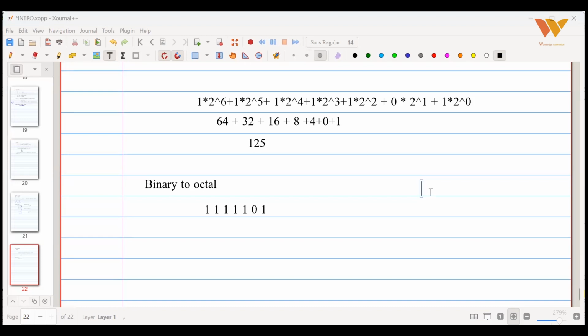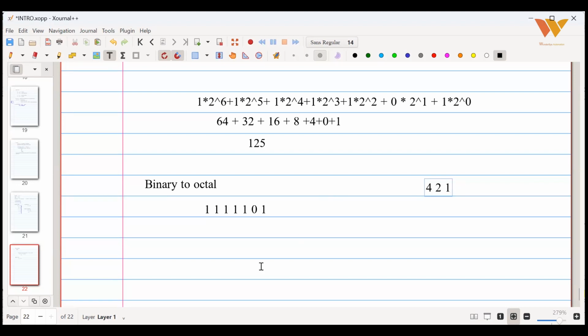So for binary to octal, we'll use the code 421. See, in octal, it is 0 to 7. If I take 2 power 0, 2 power 1, and 2 power 2, only these three numbers, if I add, I'll get 7.